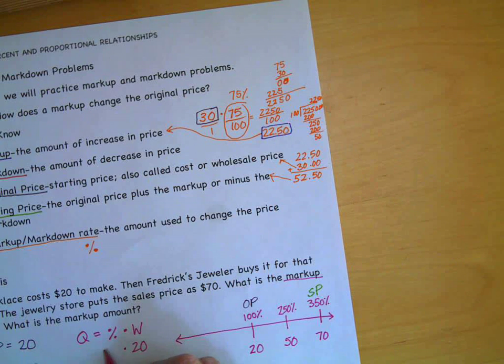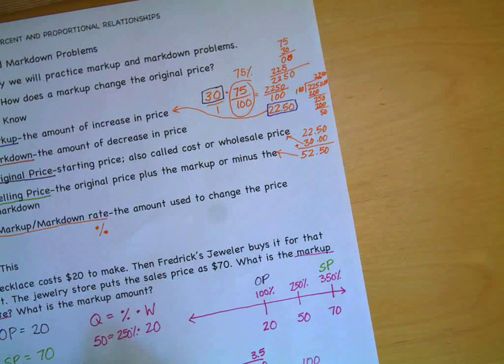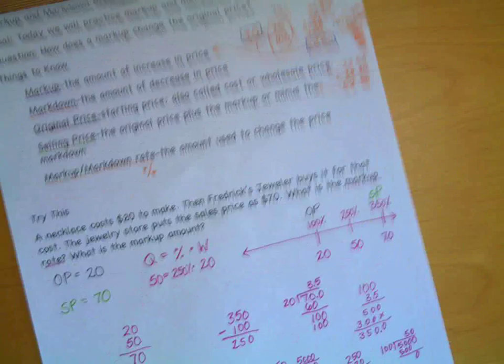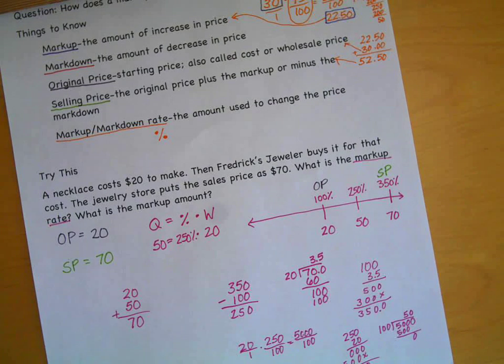you started out with 20 as being your original times 250% equals 50, and then if you take 20 plus 50, you get 70, which is the selling price. Okay?